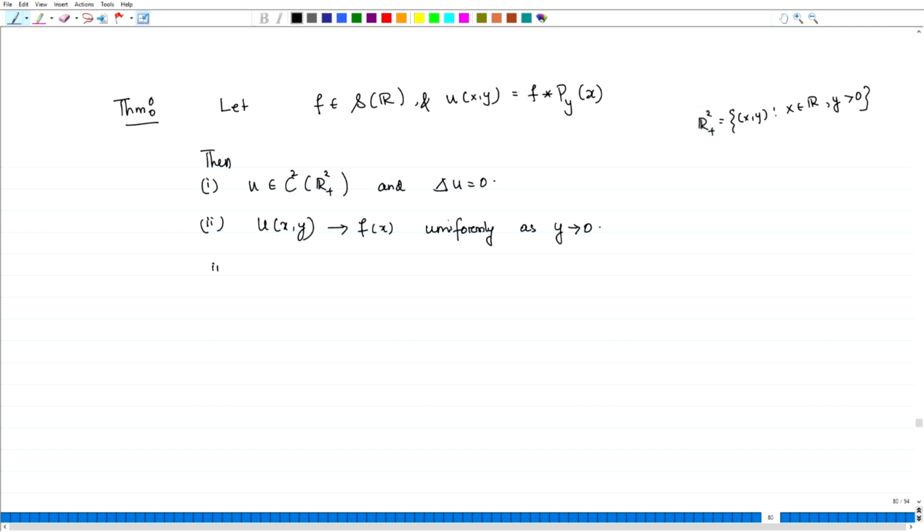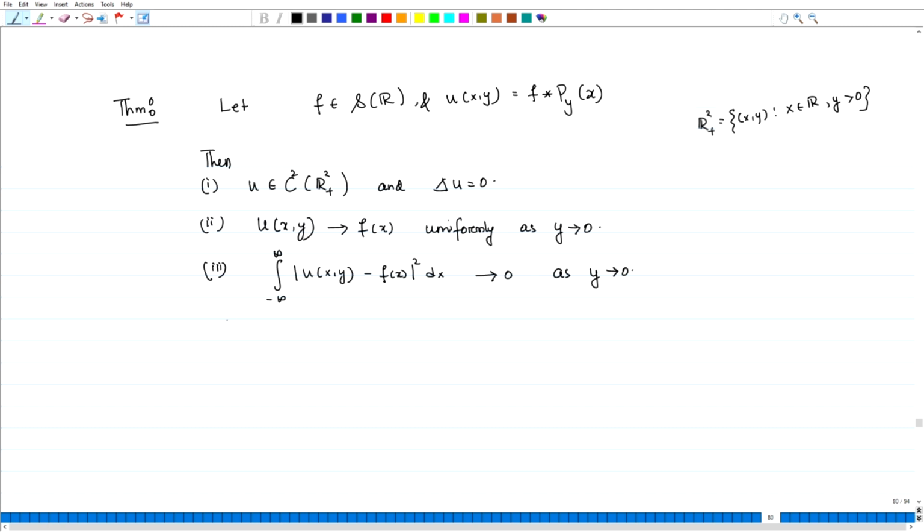Then the third, like in the heat equation, u of x y also converges to f in the square mean, that is the integral from minus infinity to infinity of u of x comma y minus f of x, squared, dx converges to 0 as y converges to 0, just by the use of Planck's rule.